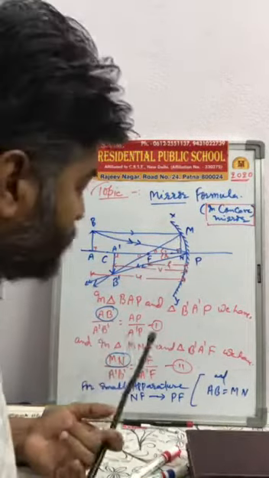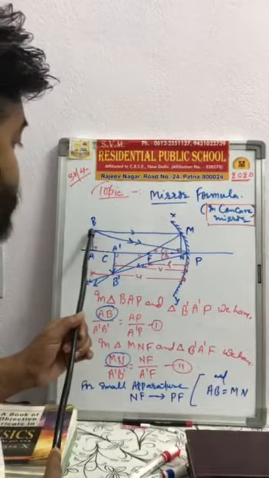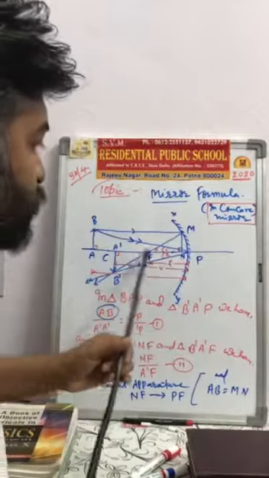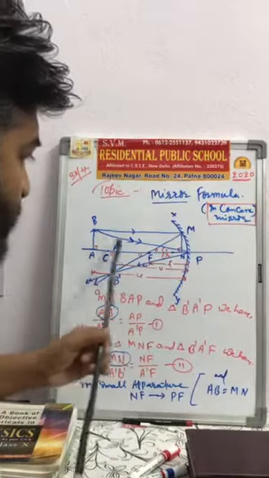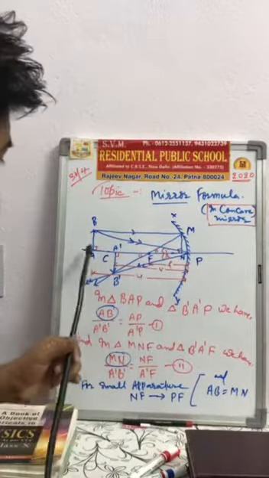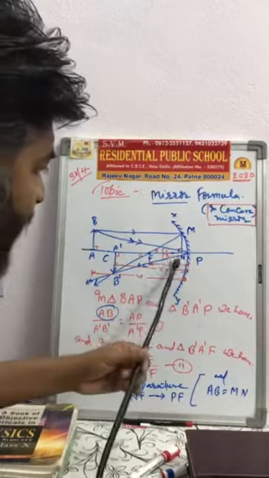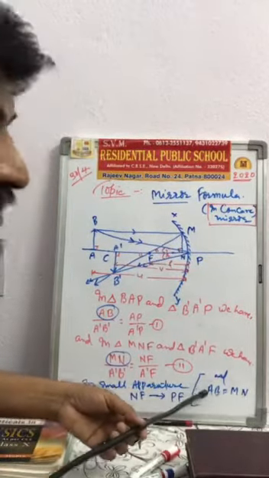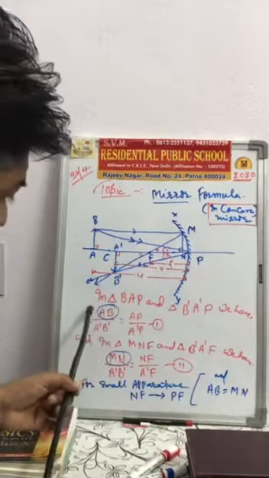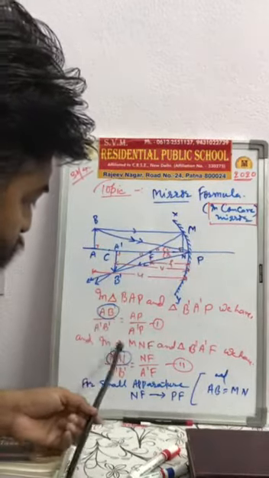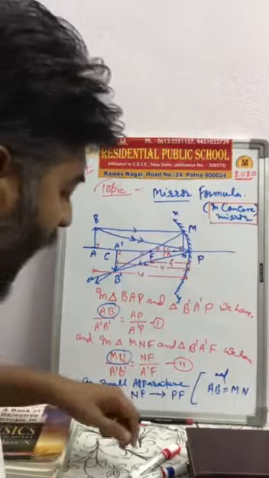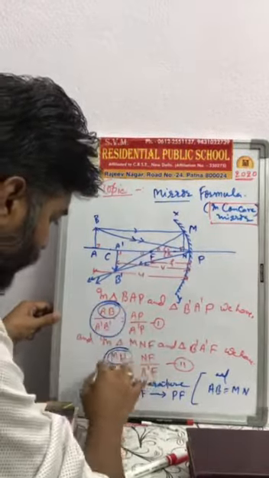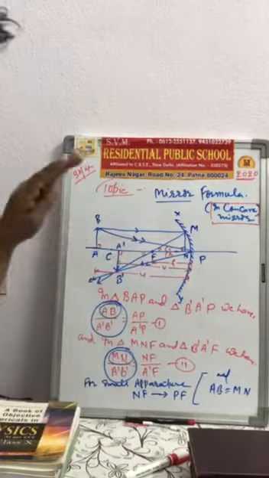On the other hand, this ray BM is parallel to the principal axis. So we can say that AB and MN are equal. So from equations 1 and 2, the LHS values of both equations are the same.